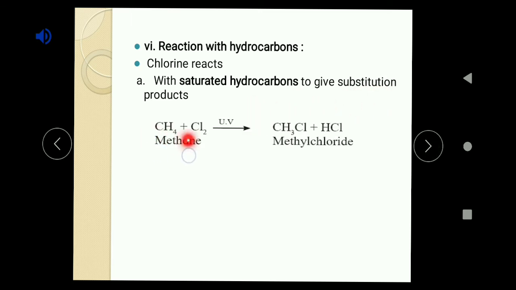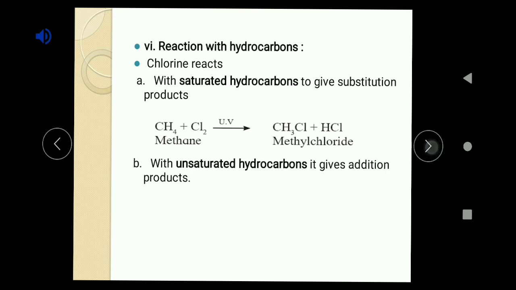So, if chlorine is treated with an alkane in presence of ultraviolet light or sunlight, hydrogen gets substituted by chlorine, giving methyl chloride and HCl. When one of the hydrogens is substituted by chlorine, you get methyl chloride along with HCl. So, with all the alkanes, we get substitution type of reaction. That means hydrogen of saturated hydrocarbon, that is alkane, is replaced by chlorine.